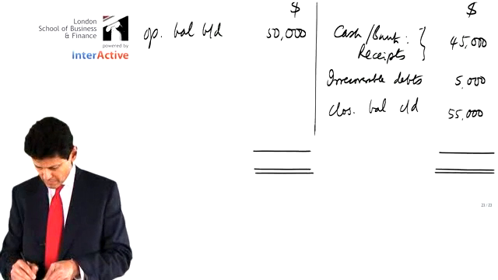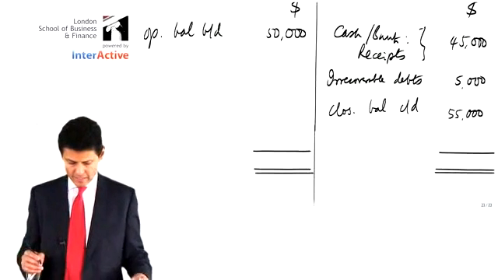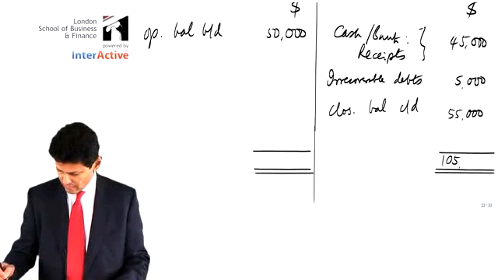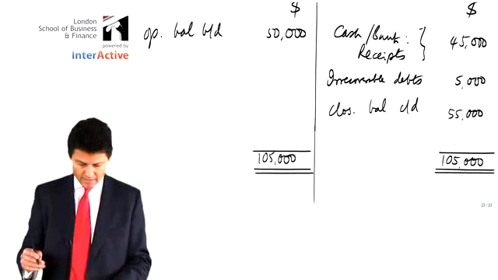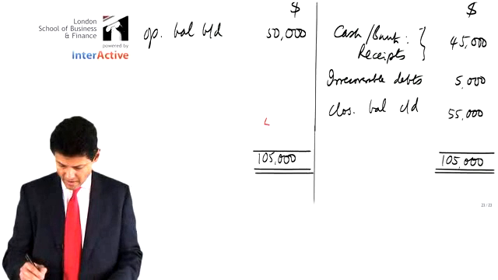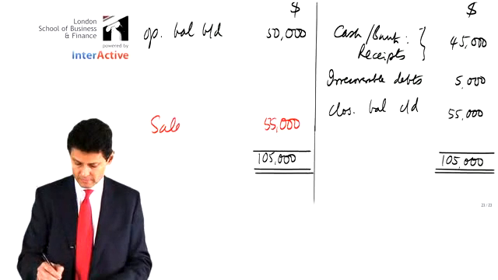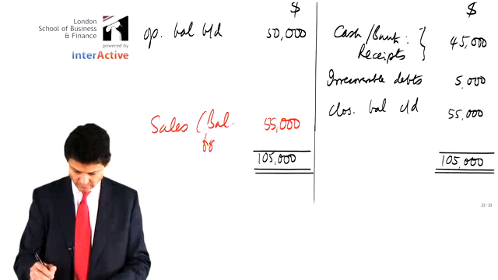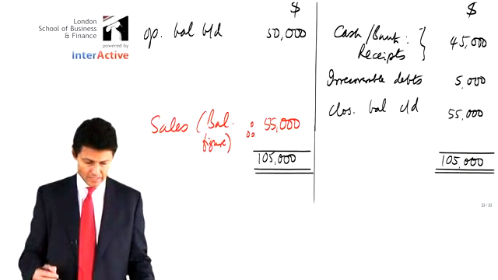If you can see, the credit side is comfortably heavy at 105. Put that 105 on this side. And the difference between the two sides, of course, is 55. And that is the sales, which is nothing but a balancing figure technique, you see. Therefore equals 55,000.